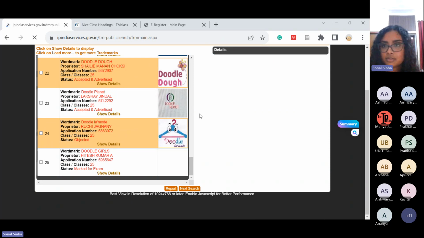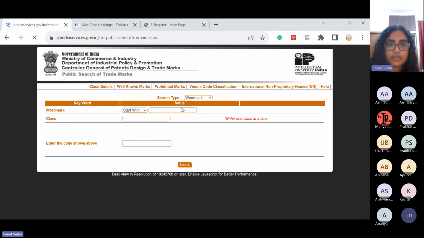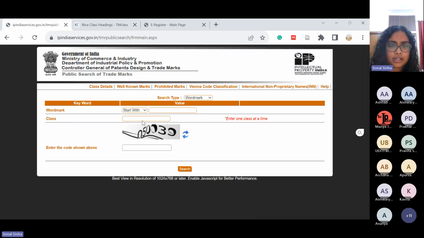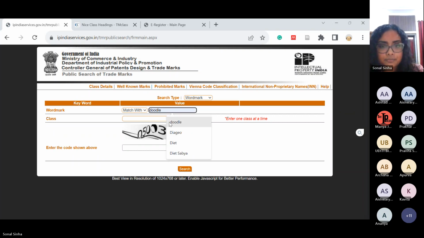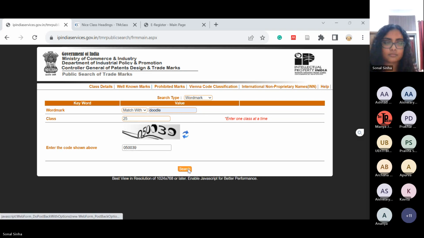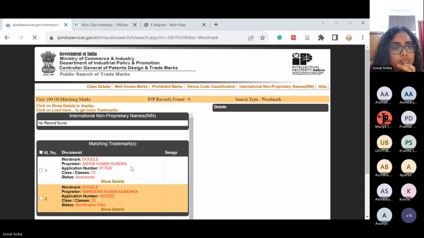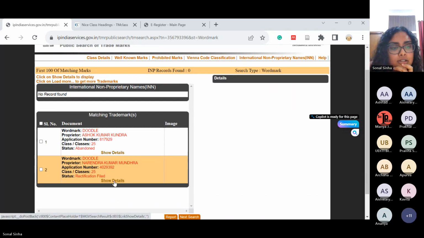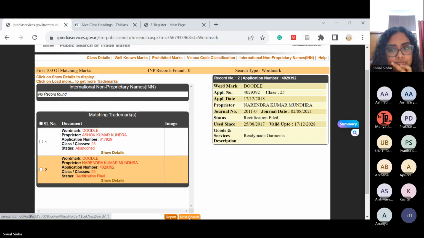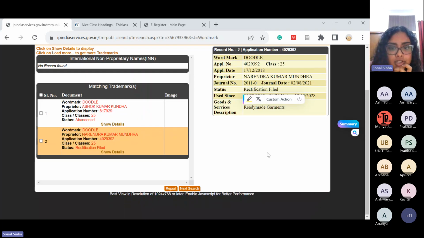I'm not going that deep as I went for Noir, but I hope you're all getting an idea. Doodle. Rectification filed. Ready-made garments. Okay, somebody else filed a rectification against this.